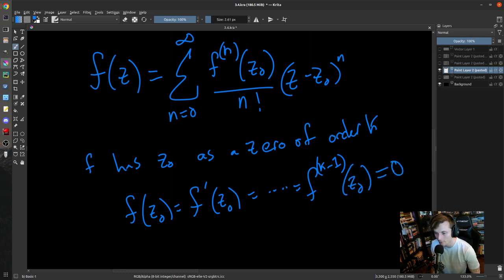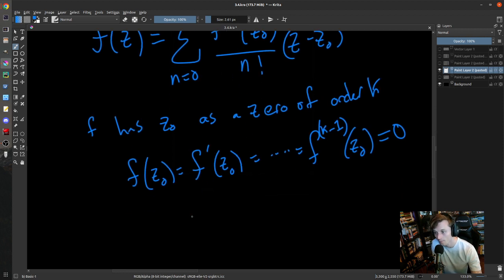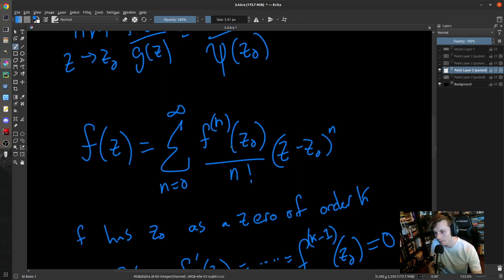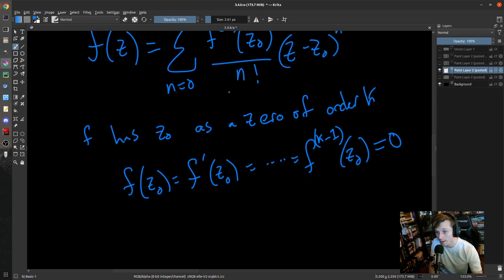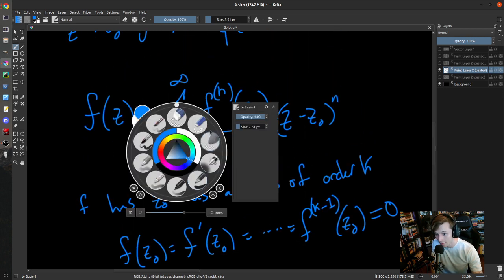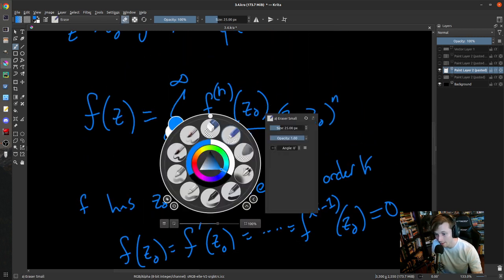These guys are all 0, right? So k is the first non-zero term in the Taylor series. That's the first derivative that's not 0. It's the first term in the sum defining the Taylor series for which the coefficient is non-zero. So really I could just take this and start it at k, right?